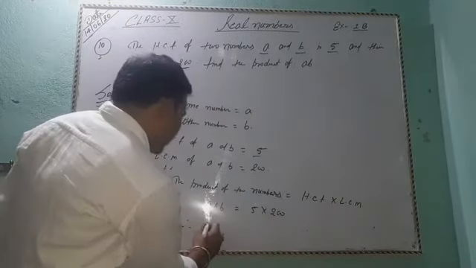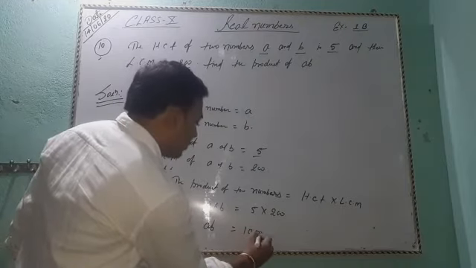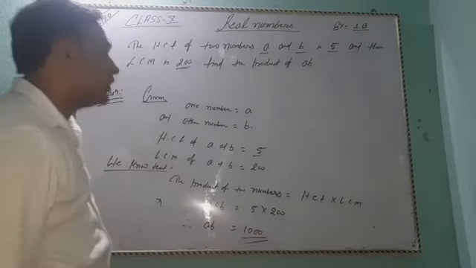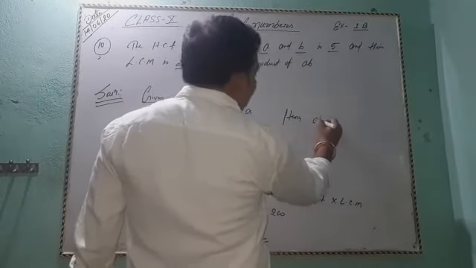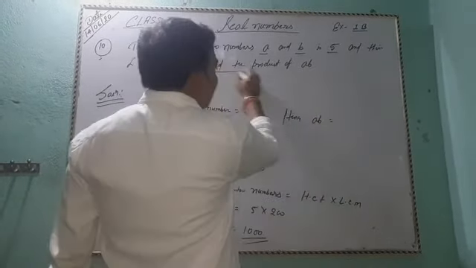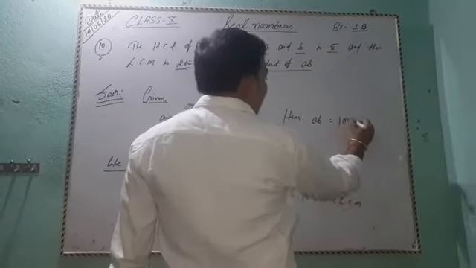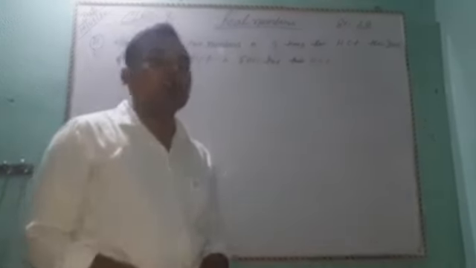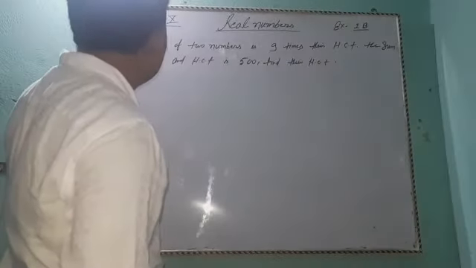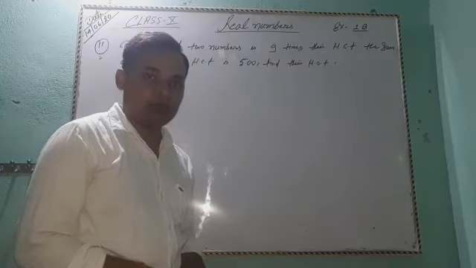So AB equals 1000. Hence, the product AB equals 1000.